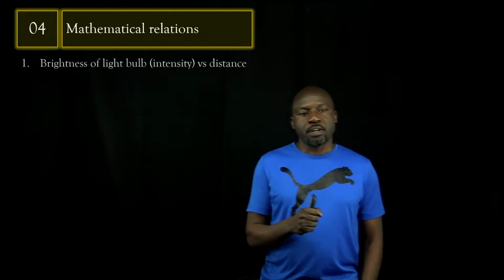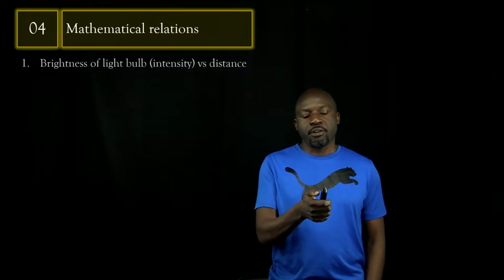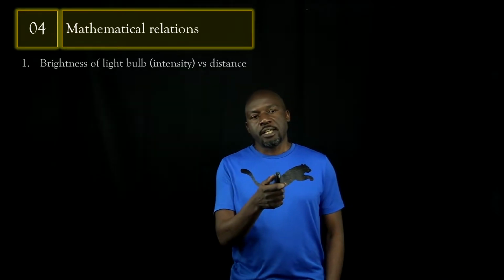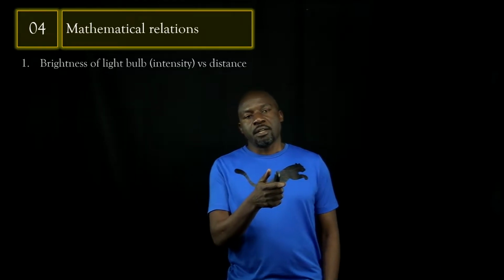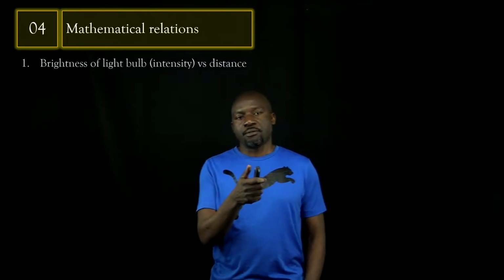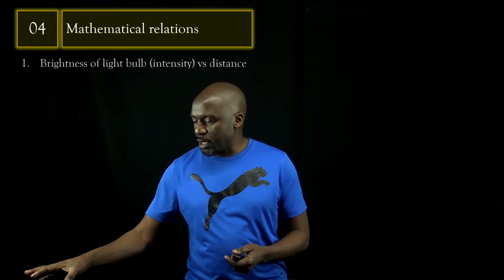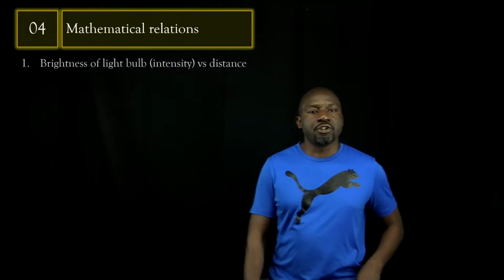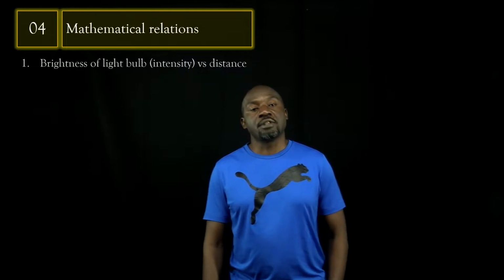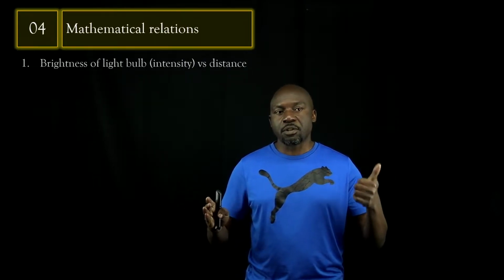And as you move further from the source, if you look at the display on your phone, you will notice that the intensity of the light reduces. So the intensity of light depends on how far you are from the source. This particular relationship is referred to as an inverse relation, because as distance becomes bigger, the intensity becomes smaller.